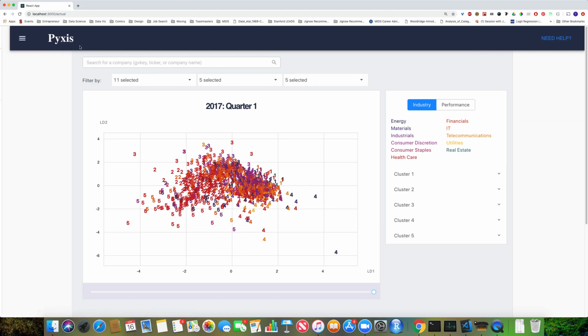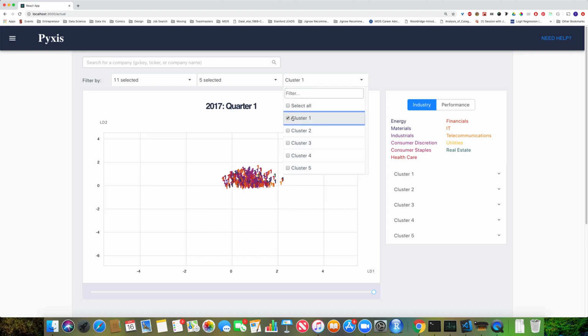For the visualization, we take the financial data and map it out into two-dimensional space using linear discriminant analysis, or LDA. So LD1 and LD2. And then all of the companies are clustered together in one cluster if they have the same financial characteristics.